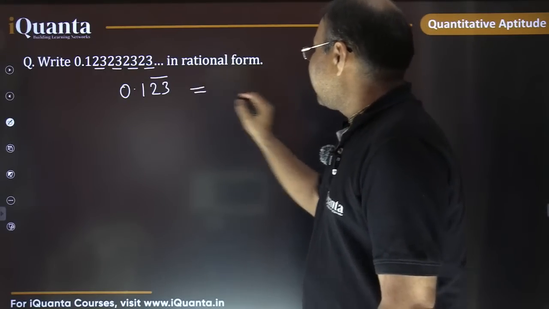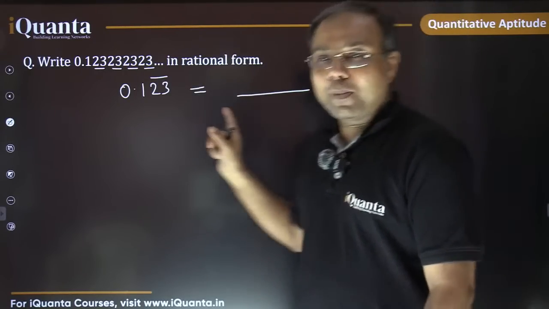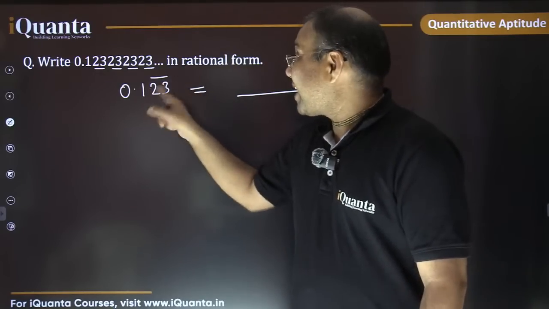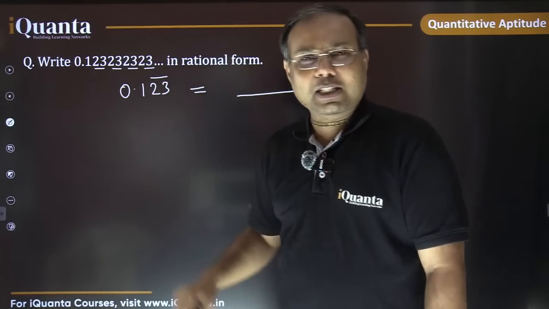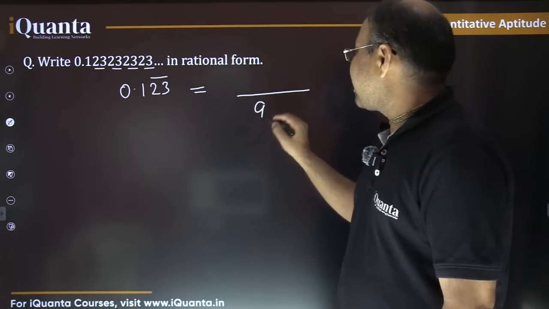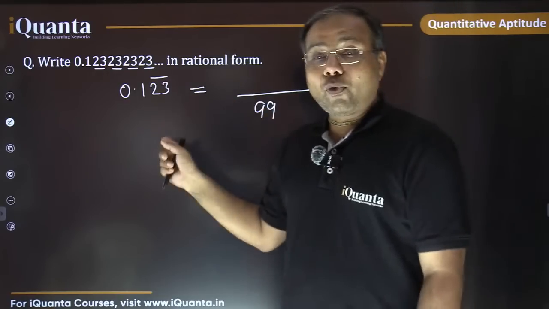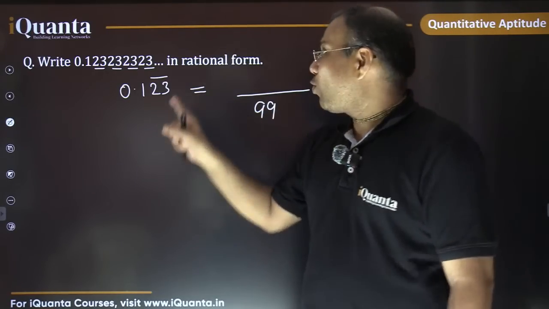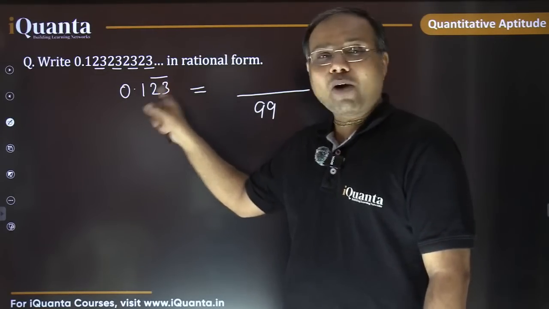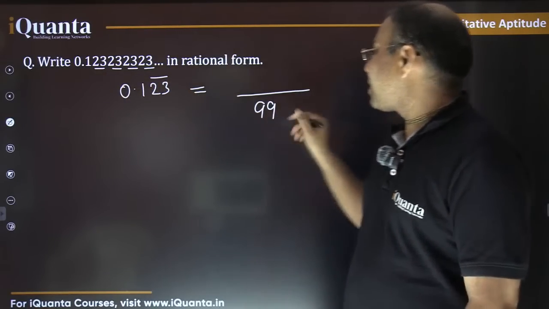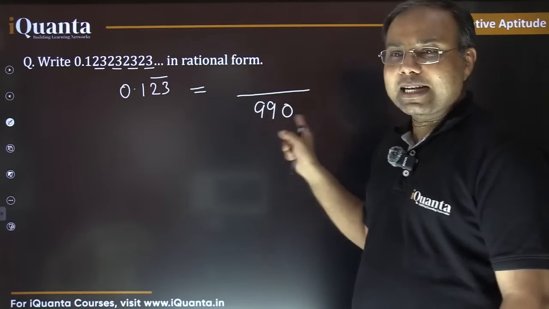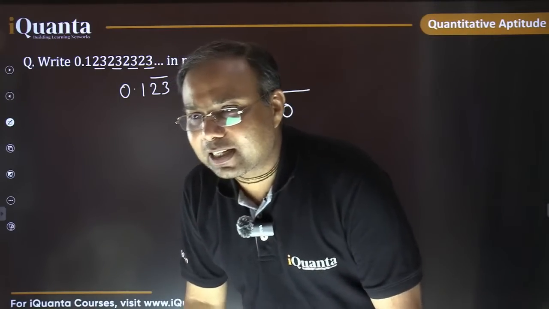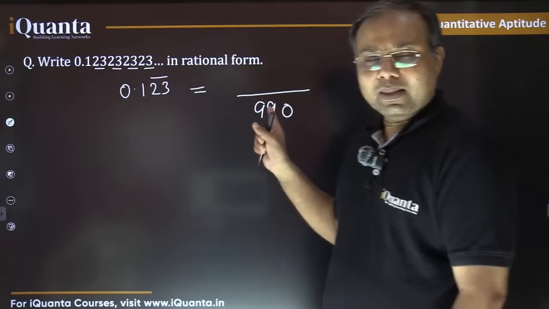So denominator will contain how many nines? 2 nines, right? Because there are exactly 2 digits in that denominator. So there will be exactly 2 nines and followed by 1 0. Why? Because there is exactly 1 digit between the decimal and the repeating block. So denominator is 990. Some of you were writing 999. It's not. It's 990. ठीक है ना?